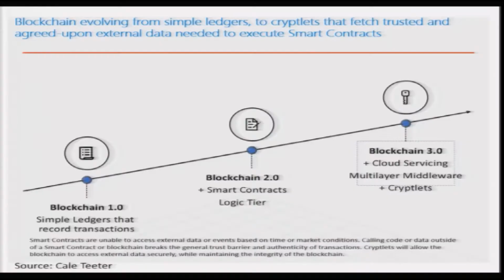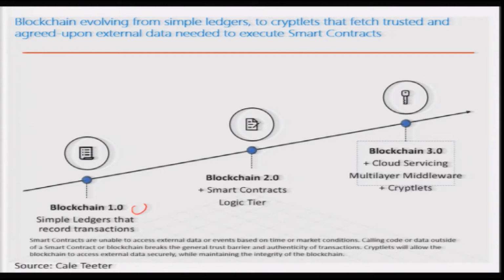Also, if you look at this picture, here the blockchain technology is also evolving. What is happening today is that we have come a long way from the 2009 version of blockchain, which was introduced with Bitcoin. We normally call that blockchain 1.0.